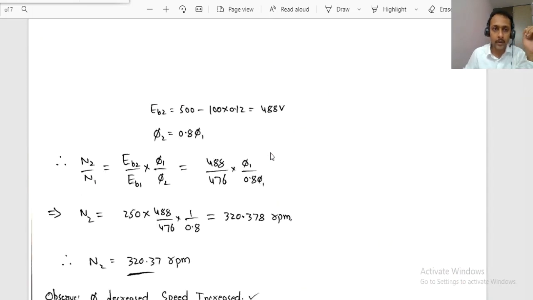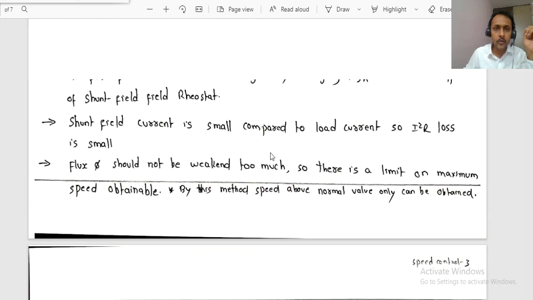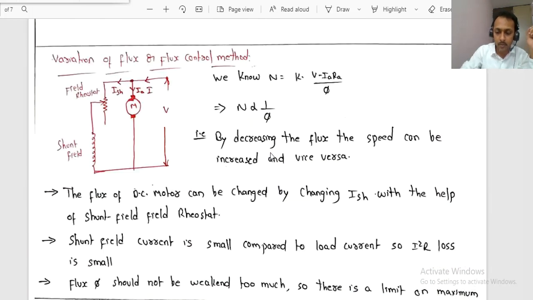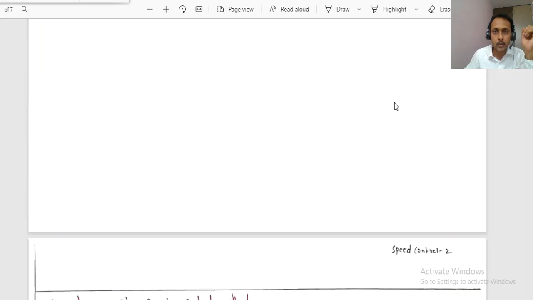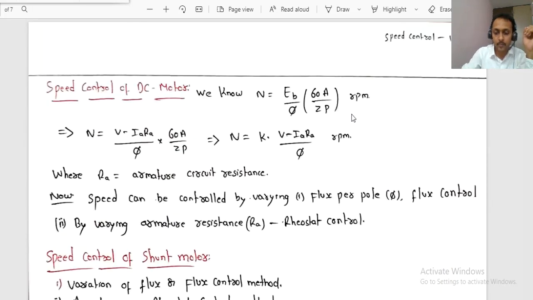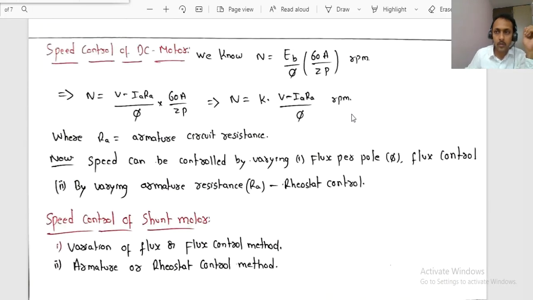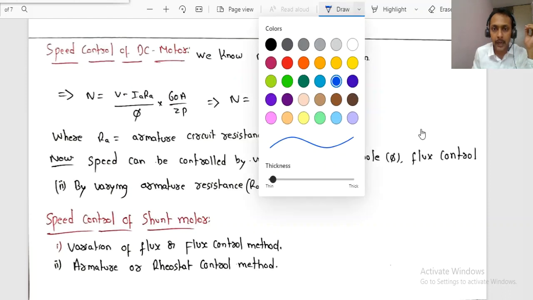Clear? Right. Now, dear students, please observe from our previous basics, if you recollect, the back EMF is given by EB equals phi Z N P by 60A.